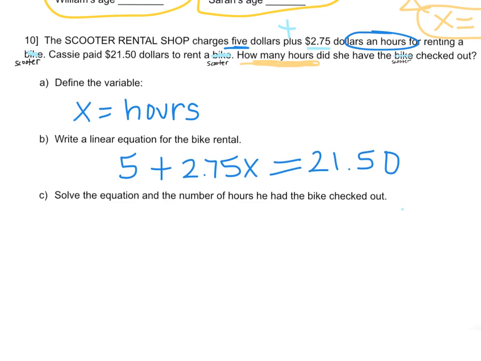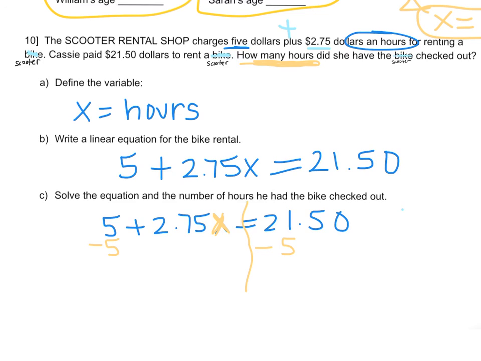Okay, so that's our equation that we're going to solve. So I'm going to rewrite the equation here and use inverse operations to solve. Okay, so here's our variable right here. So I'm going to get rid of this 5 first. Use inverse operations, get rid of addition or subtraction first.